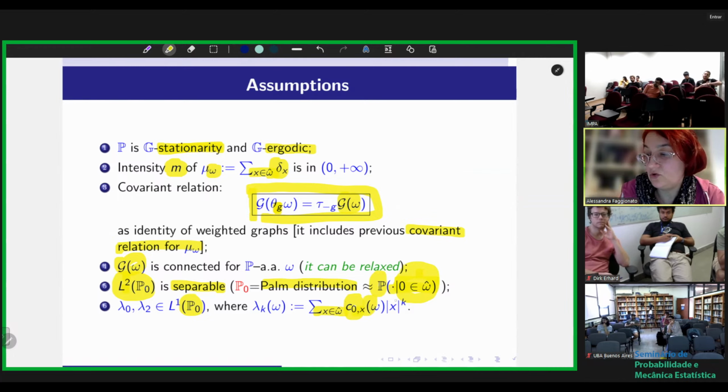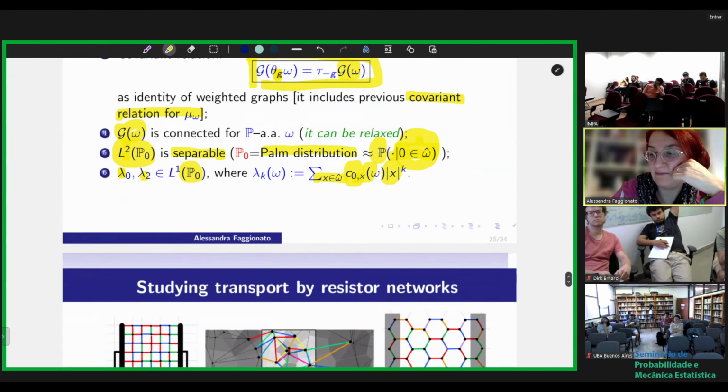So I have the conductance times the norm of x to the k. So when k is equal to 0, this lambda 0 of omega is just the total conductance exiting from the origin. So I have the condition that lambda 0 and lambda 2 are integrable with respect to the Palm distribution. And these are my assumptions, and there are plenty of models satisfying this assumption.